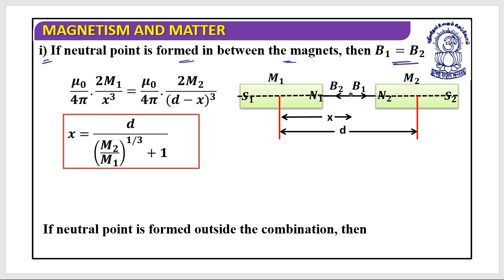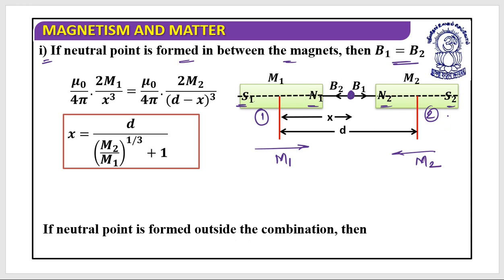Let's have a look. This is my first bar magnet, this is my second bar magnet. This is south, this is north, this is north, this is south. If I look at this position, it is the actual position for both. This is south, this is north, so its magnetic moment will be in this direction, and the other magnetic moment in this direction, m1 m2.